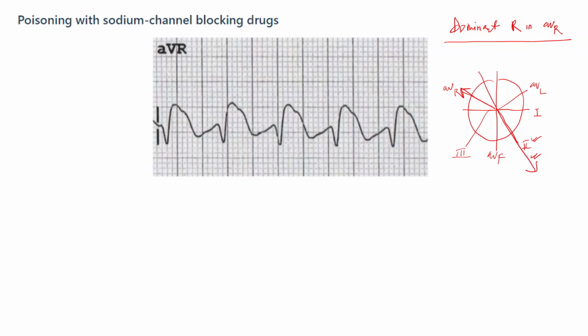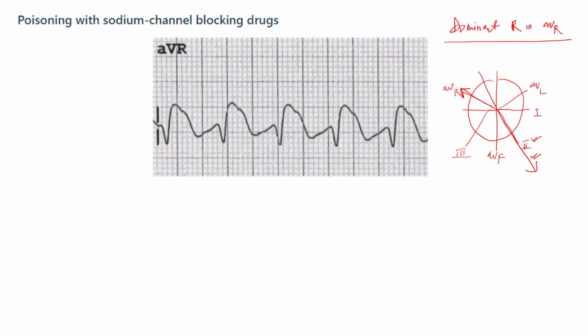That's why aVR will not have a predominant positive component in a normal heart, because the net vector of ventricular depolarization is happening in the opposite direction of aVR. So we'll never get a prominent R wave in aVR. Whenever we are getting a dominant R in aVR, that means there is something abnormal, something pathological.